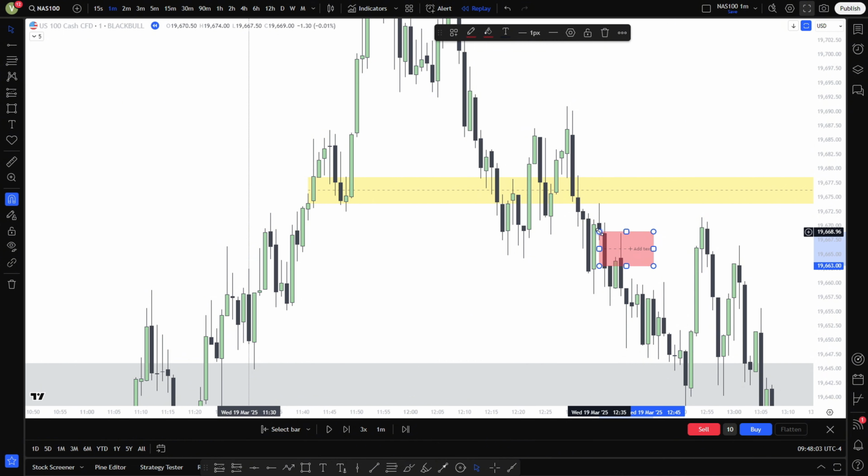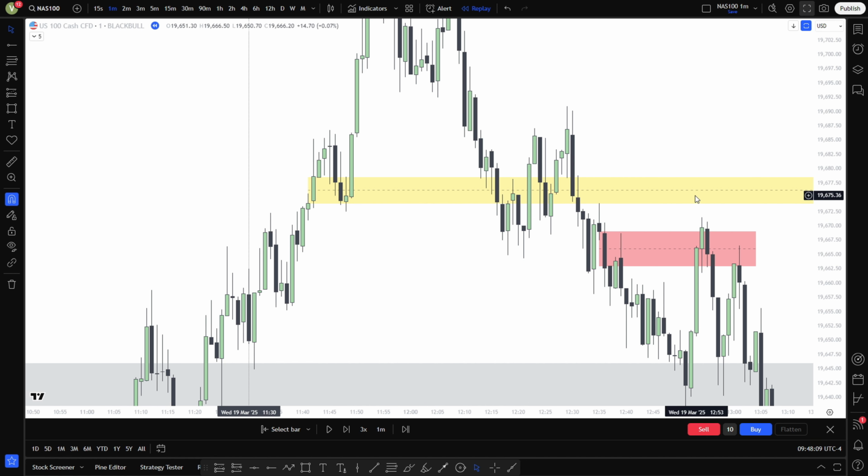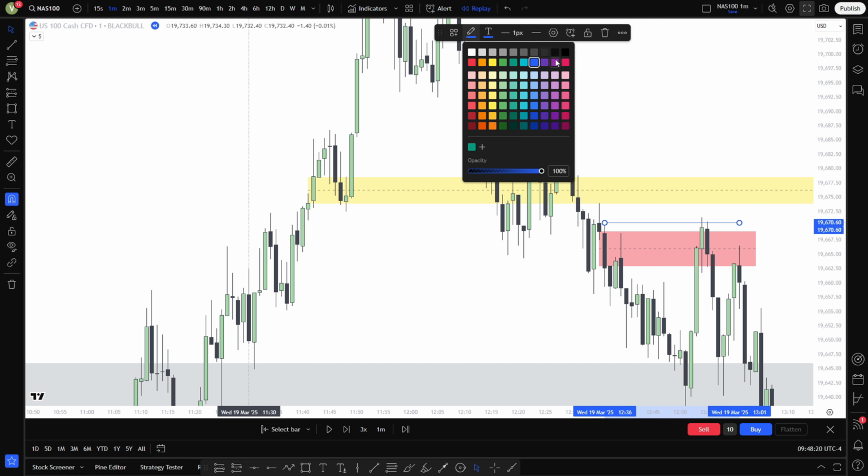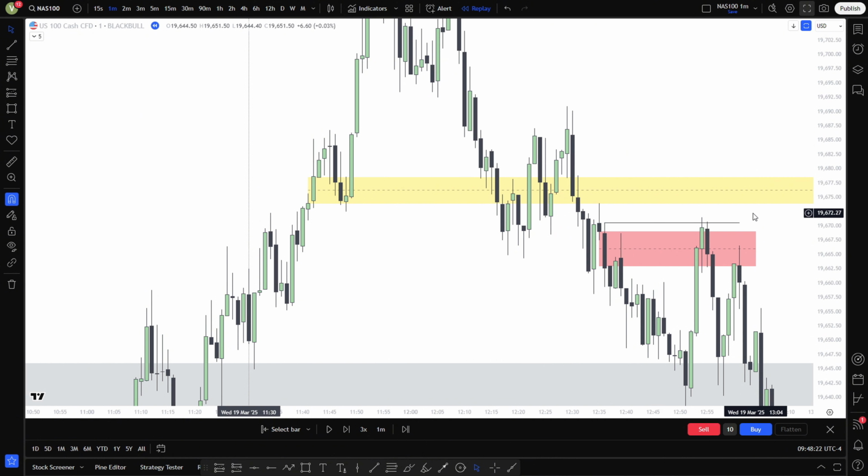You have to include the volume imbalance here, and since there is a volume imbalance, you have to allow price to wick through that candle's high, and you cannot be aggressive with your stop. See, you cannot be aggressive with your stop here because of the volume imbalance.